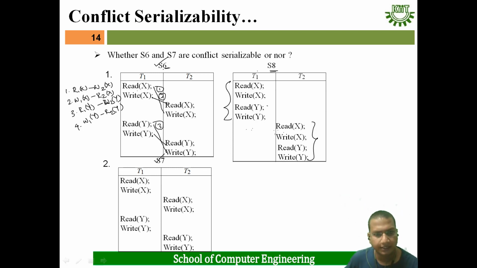Now we'll see whether the conflicting operations are in the same order or not. R1X to W2X, yes, this is first. W1X to R2X, this is second. Then R1Y to W2Y is the third, and W1Y to R2Y is the fourth.